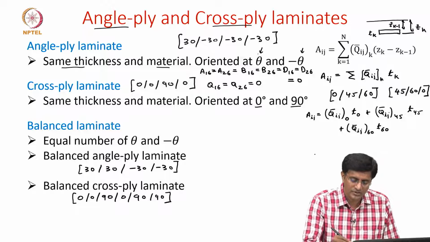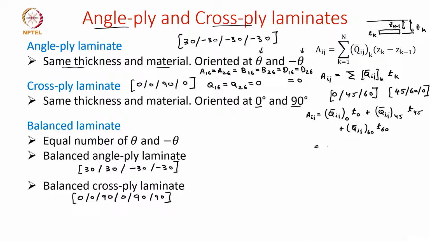So this is for the first laminate, and for the second laminate it is the same, but we'll see the sequence is different. So Qij for 45 times the thickness of 45, plus Qij of 60 times the thickness of 60, plus Qij of 0 times the thickness of 0.